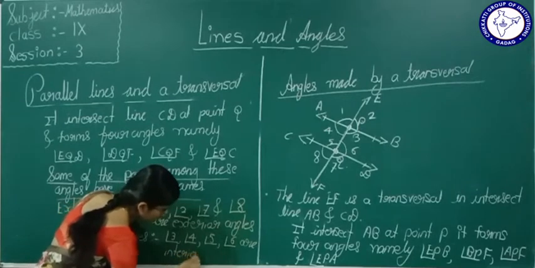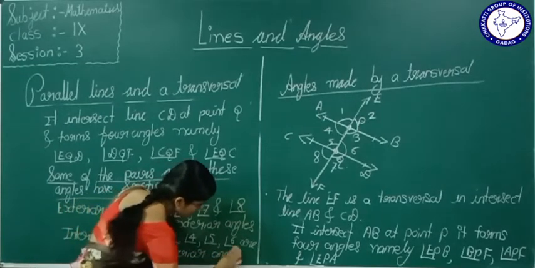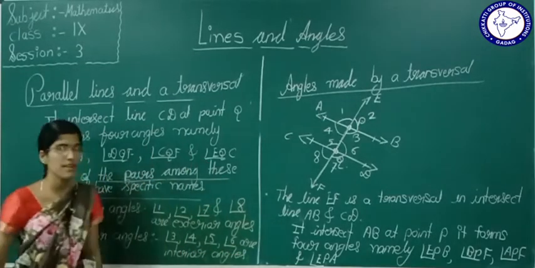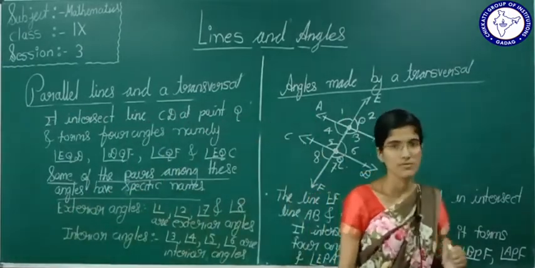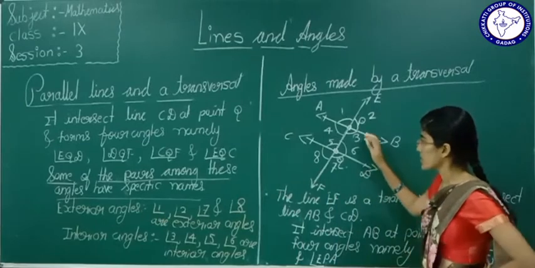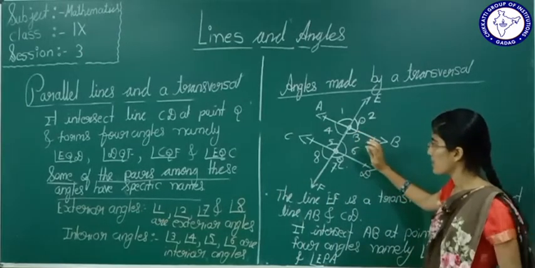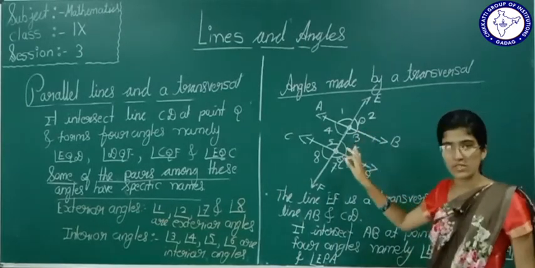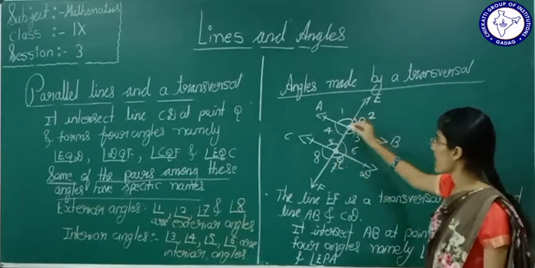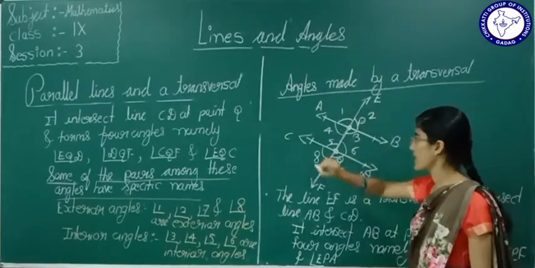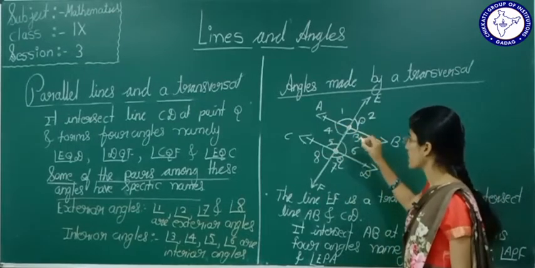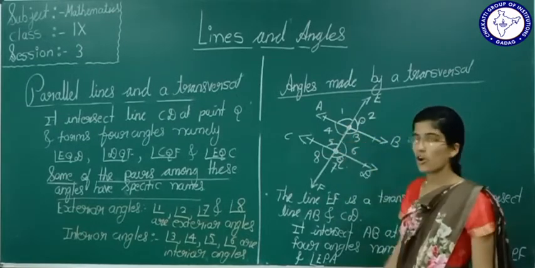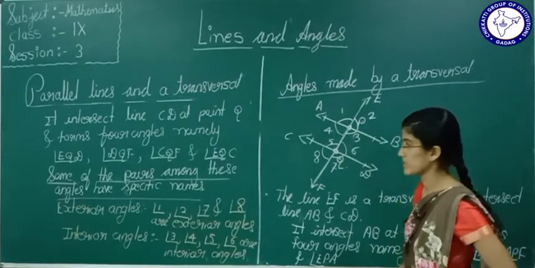This is very, very important. You have to pay a lot of attention here. Some of the pairs among these angles have specific names, right? Angle 1, angle 2, angle 7, angle 8 are called exterior angles. Angle 4, angle 3, angle 6, angle 5 are called interior angles.